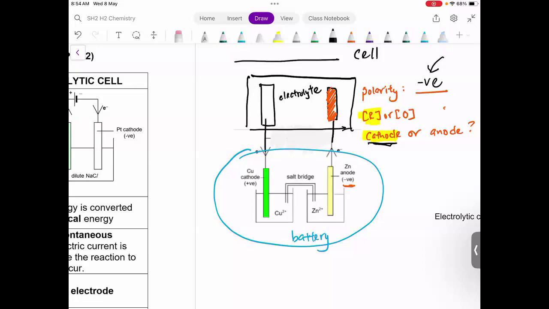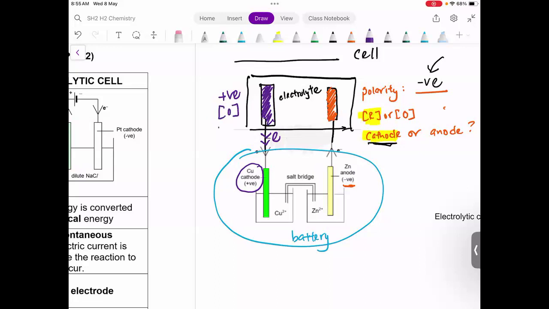So if you look at the other electrode here, this electrode is connected to the cathode of your electrochemical cell. So it will follow the polarity, positive. Okay? So here, it will lose electrons to the cathode of your electrochemical cell. So losing electrons means that it will undergo oxidation.